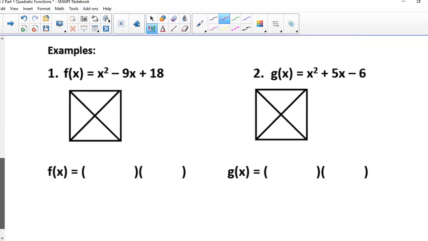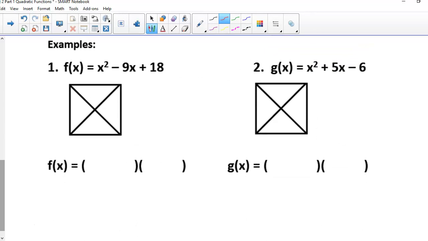So let's take a look at number 1 and follow those steps to factoring. Our constant is 18, so we need to find what values have a product of positive 18.